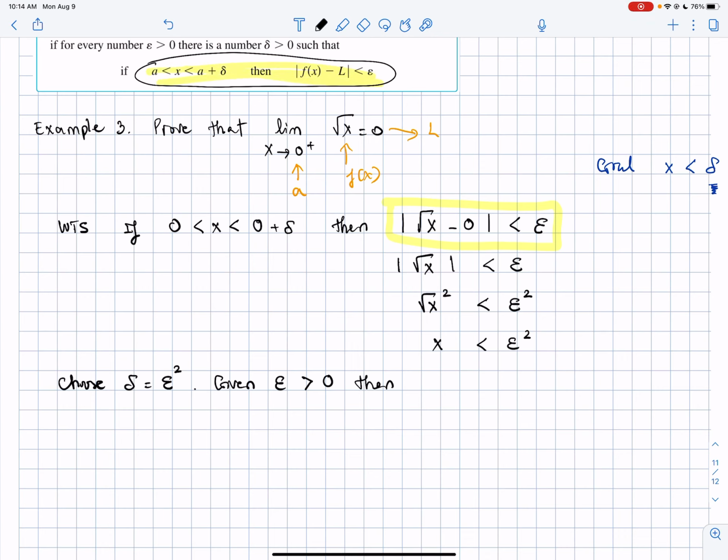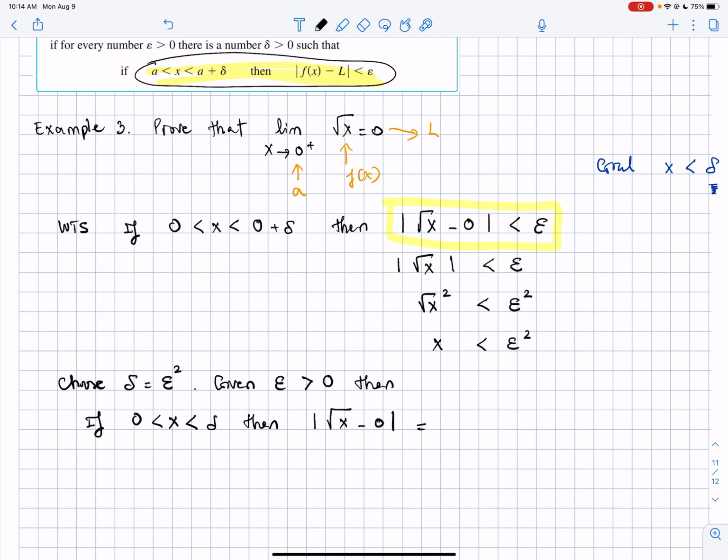So if 0 less than x less than 0 plus delta, I'm going to simplify and write delta only, then the absolute value of square root of x minus 0 equals. We don't write out epsilon yet.